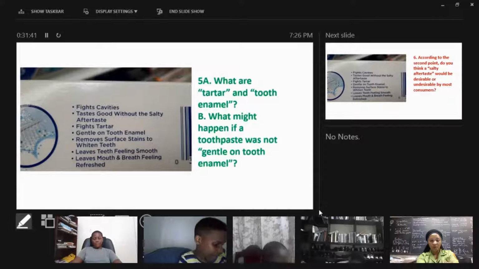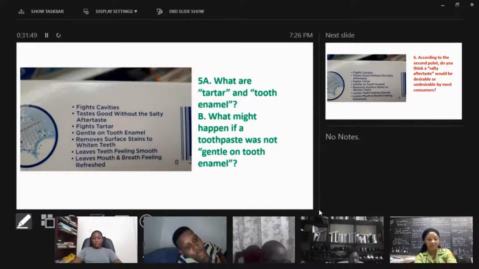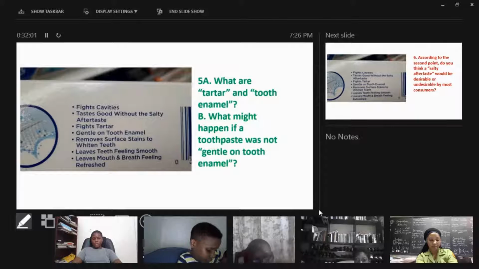So how about part B? The manufacturers are saying our toothpaste here is gentle on the tooth enamel. So the question is, what do you think might happen if you use a toothpaste that's not gentle on tooth enamel? What might happen?